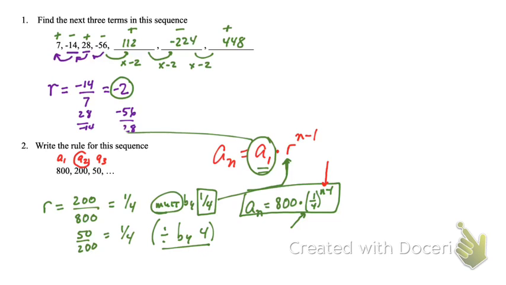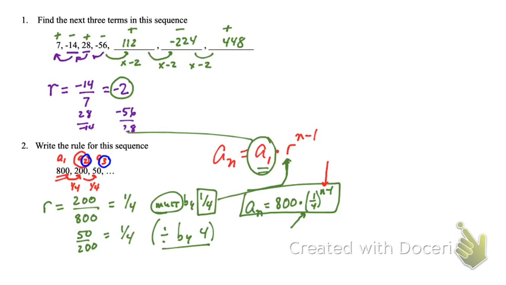Well, to get to the second number, how many times would you multiply by 1/4? You'd multiply 1 time, or 2 minus 1. How many times would you have to multiply to get to the 50? And when I say how many times you have to multiply, it's from the first number. You have to multiply twice, or 3 minus 1.